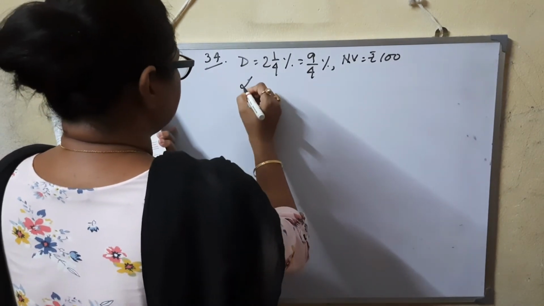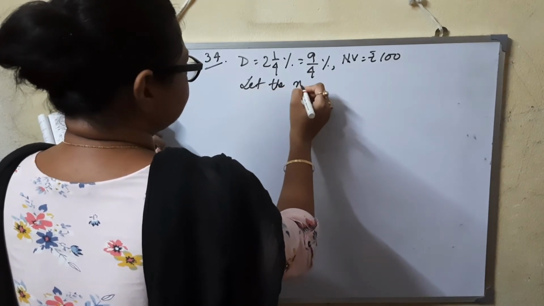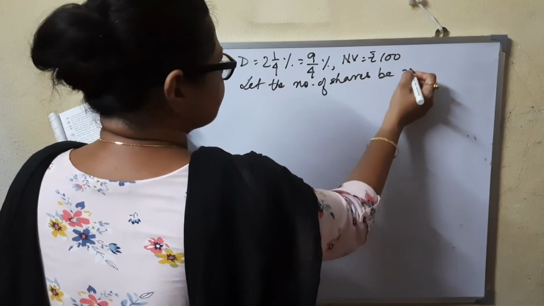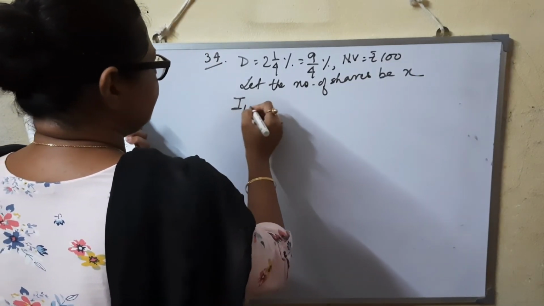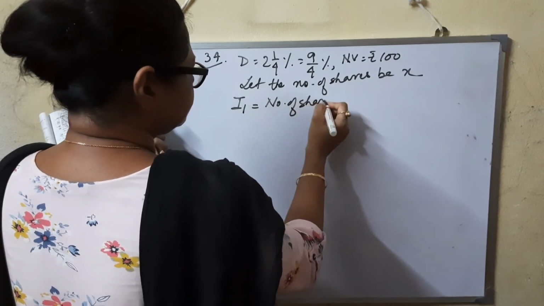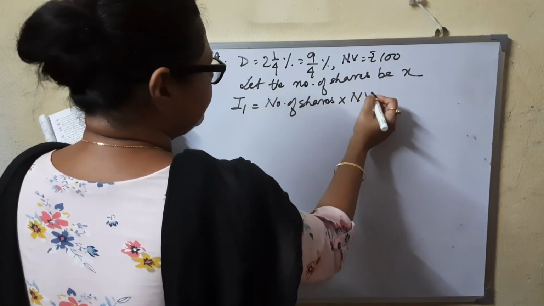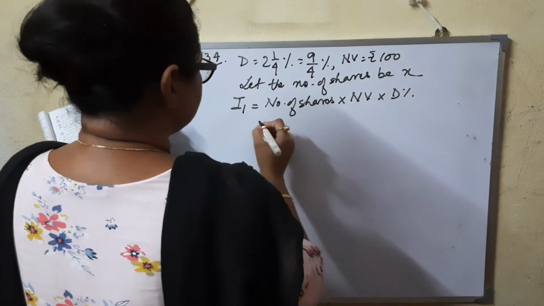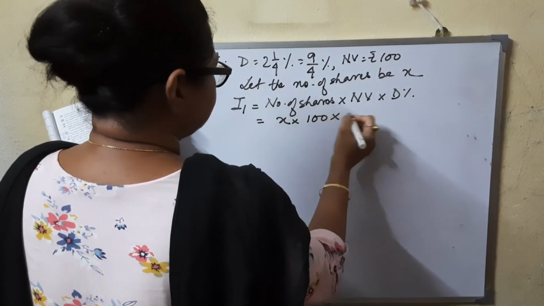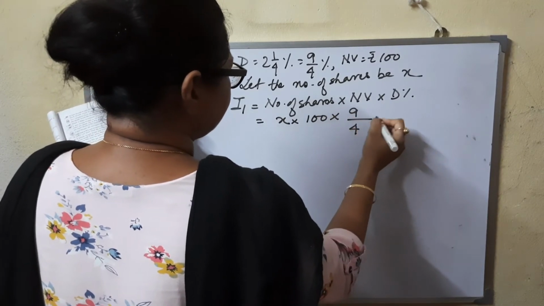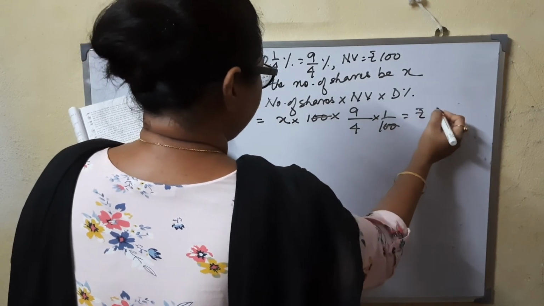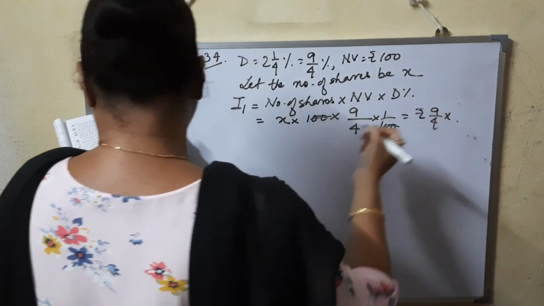So, let the number of shares be X. So, the first income is number of shares into nominal value into dividend percent. So what do we get? X into 100 into 9/4 into 1/100, rupees 9/4x.